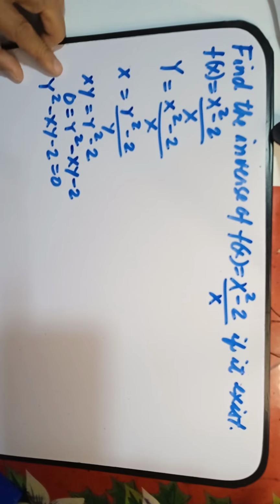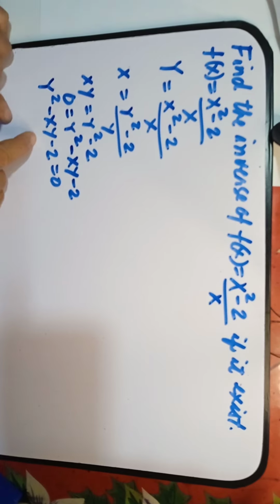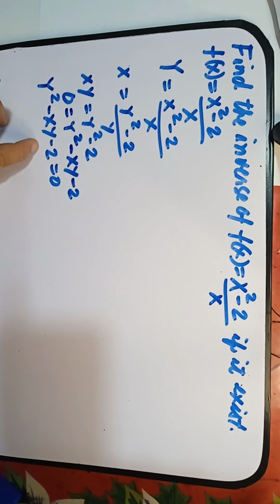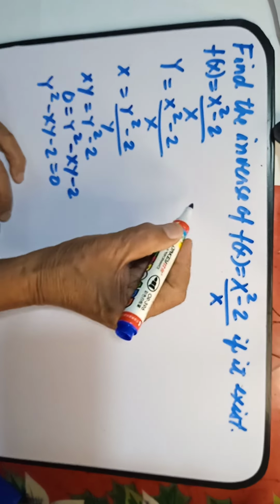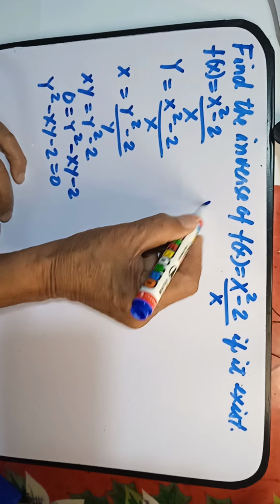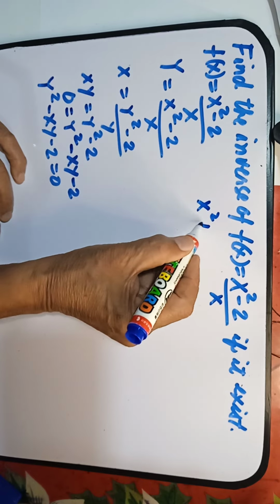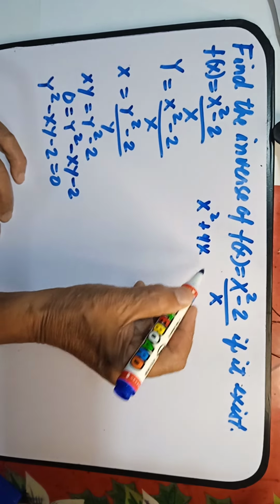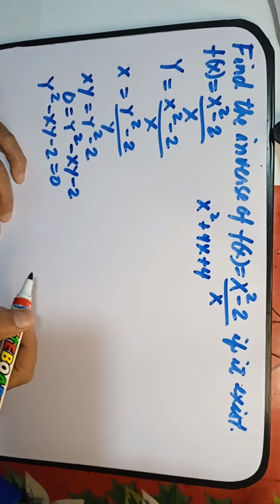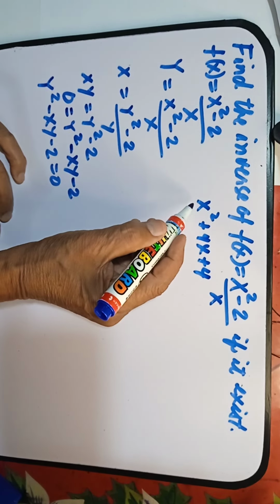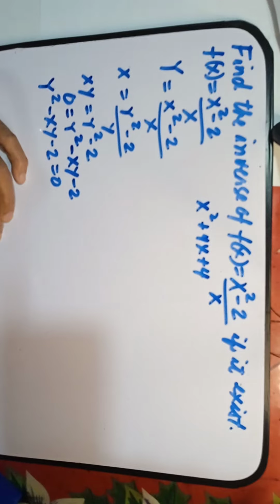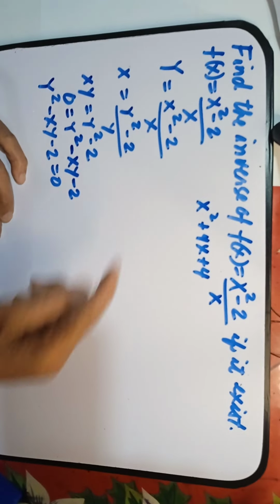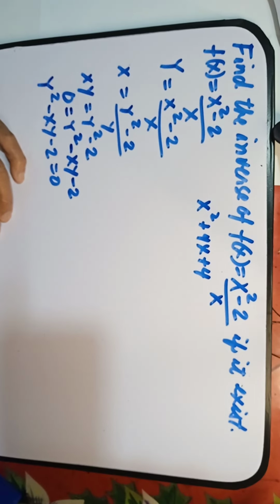To complete the square, we see that negative 2 will not make y square minus xy a perfect square. Perfect square means like x square plus 4x plus 4. The purpose of making it a perfect square is for us to get the square root.